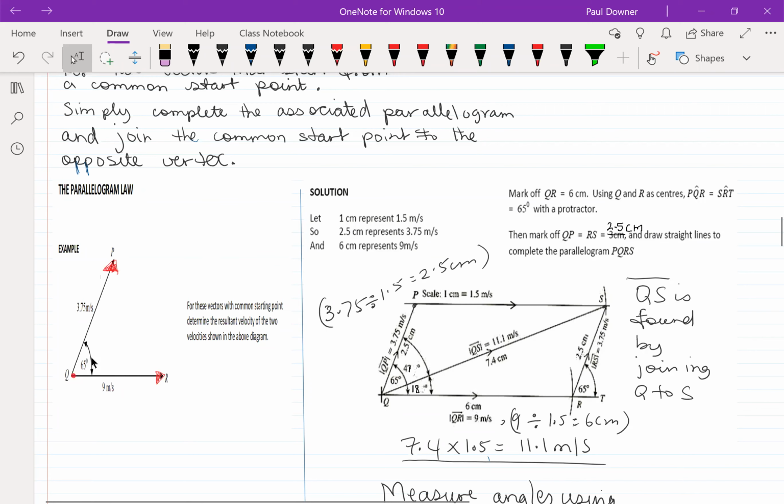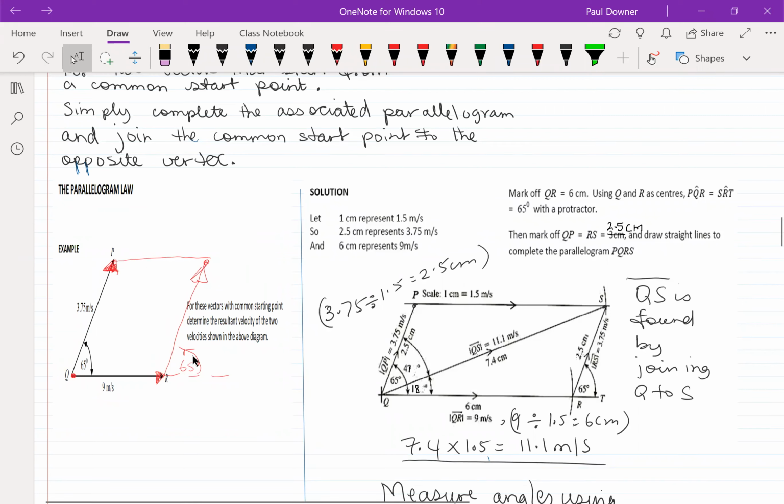So if this is 65, we measure 65 here, so we extend here, measure 65, go in this direction, and then draw our parallelogram going up like that. Whatever the length of this, we would have to get that length on this side. Then, when we get that point, all we have to do is join here to here, and we would complete our parallelogram. Now, that's the first step.